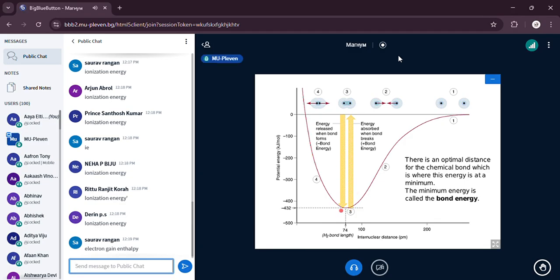The moment at which these two energies are equal, the energy released when a chemical bond is forming and the energy absorbed, the energy needed to break this bond, this is the bond length of this hydrogen molecule.